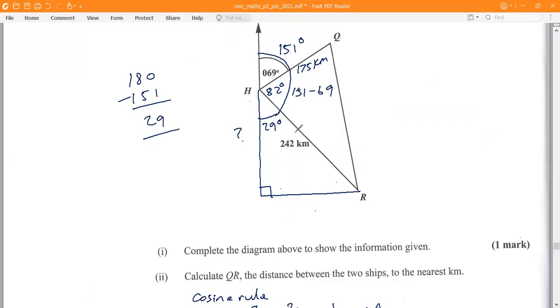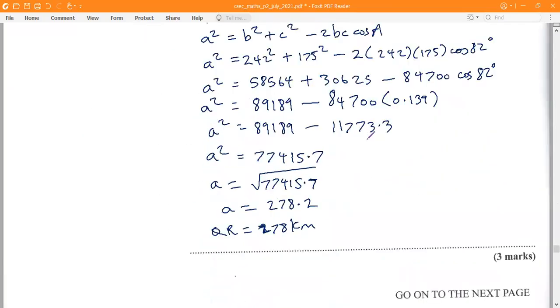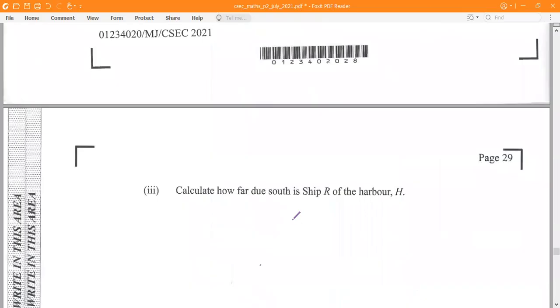Okay, we have a right angle triangle here. We know the hypotenuse is 242 kilometers. We want to find the side which is adjacent, ADJ. We have HYP here for hypotenuse. We remember that the cosine ratio can be used.